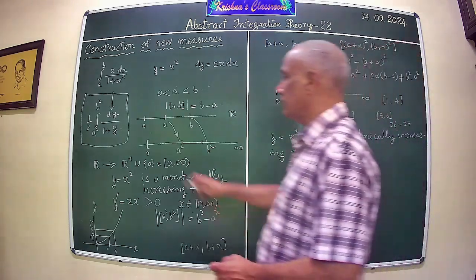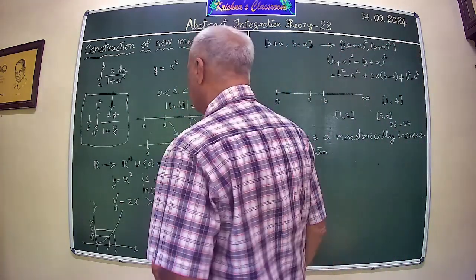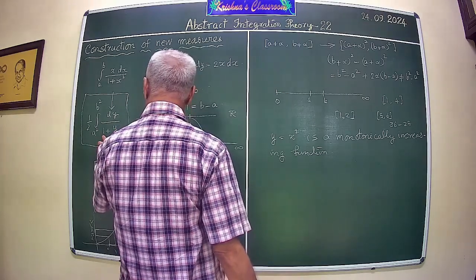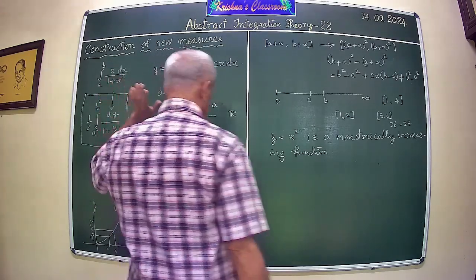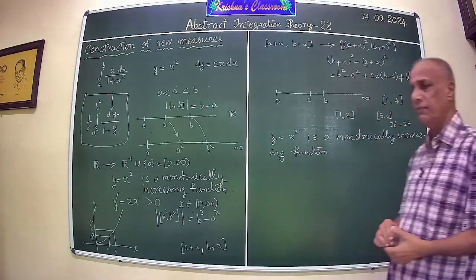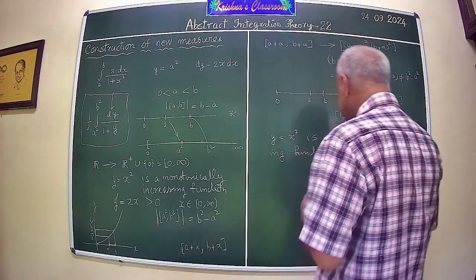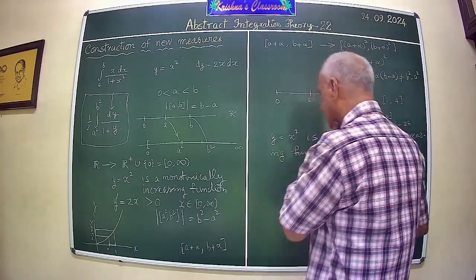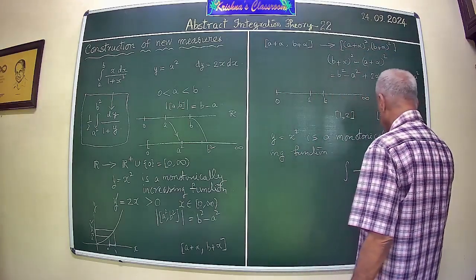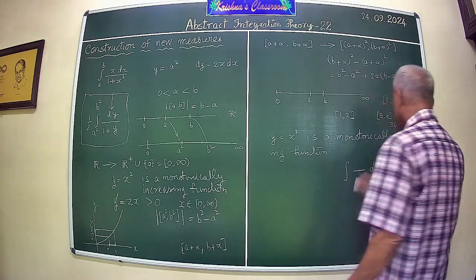These two integrals have the same value, but this is a standard integral which you can easily evaluate, whereas this is not something standard. So what have we done? In the integration, now we are integrating something with respect to d of x square.